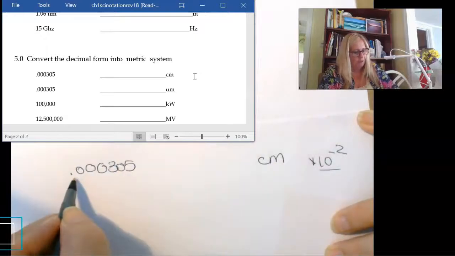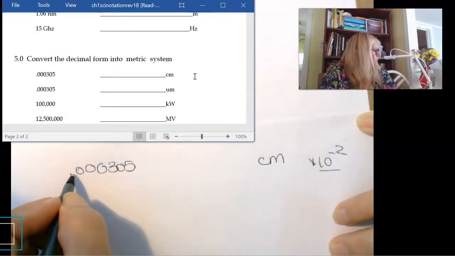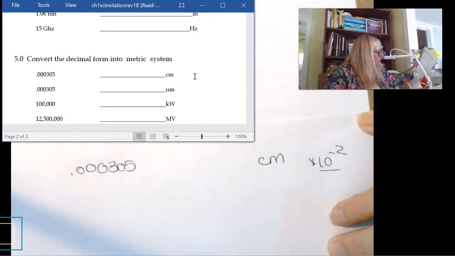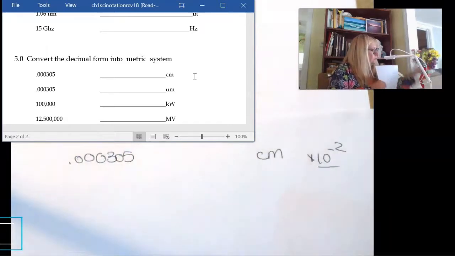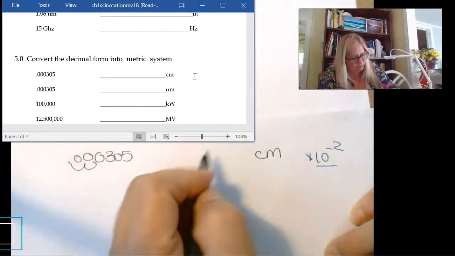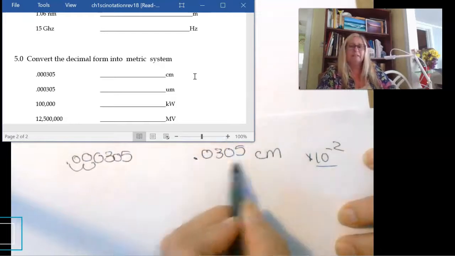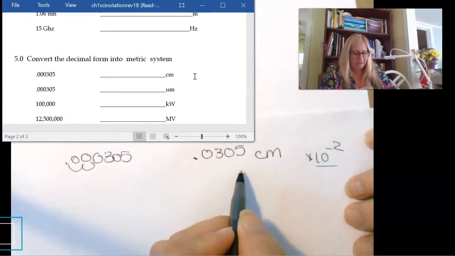So you've got to take away two numbers. So I would be taking away two numbers, so I'd be putting 0.0305 centimeters. Okay? How do I double check that?